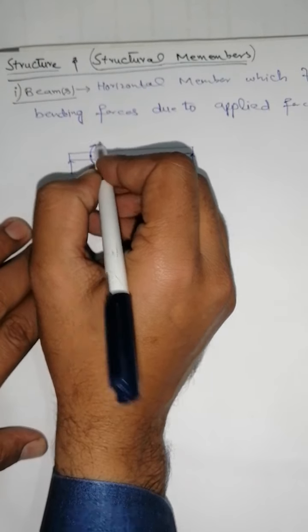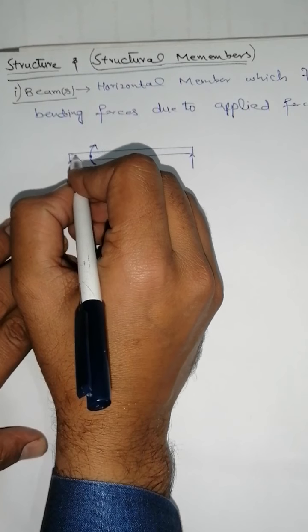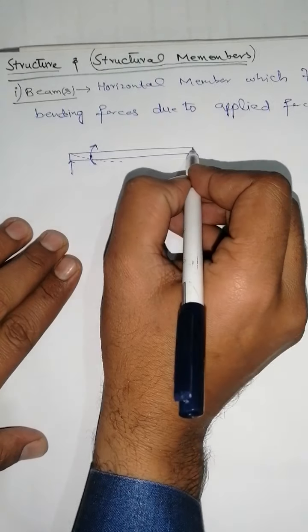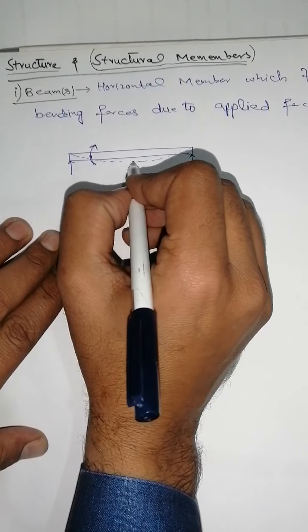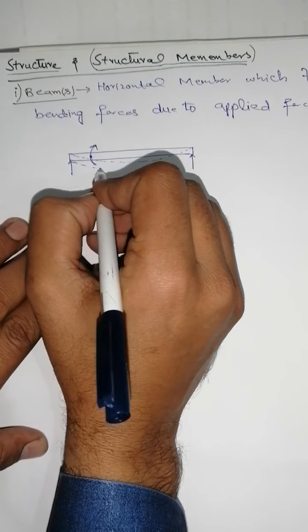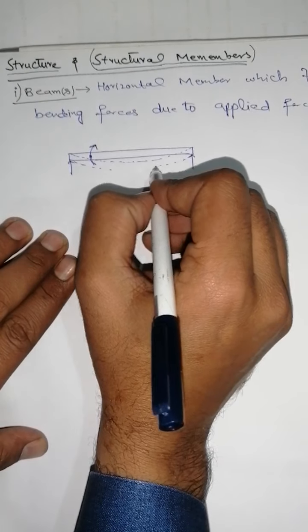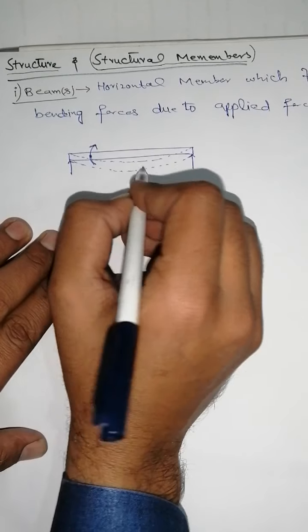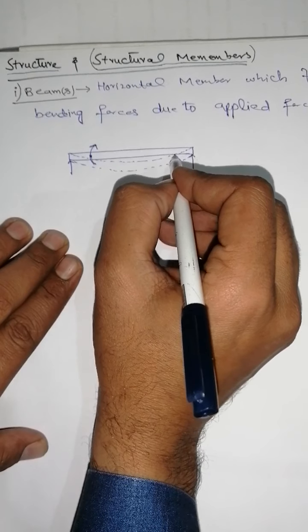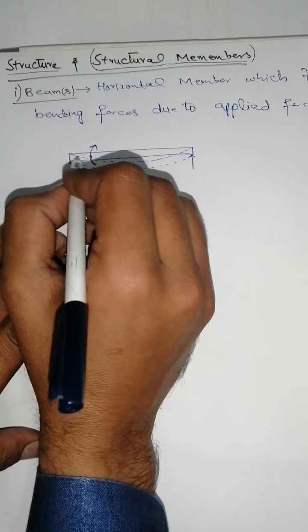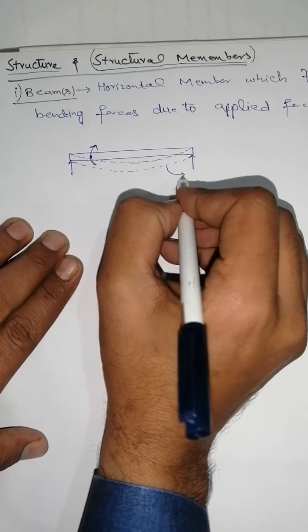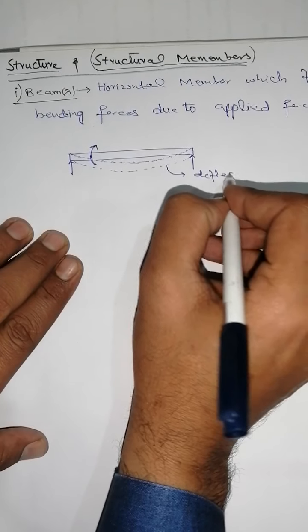When this moment is applied, then this beam will bend like this. As the applied load has introduced bending stresses in the member, it has a deflected shape like this. This is called the deflected shape of the beam.